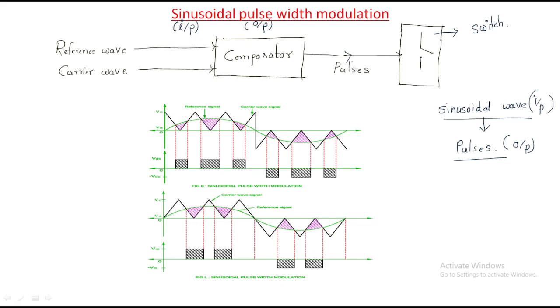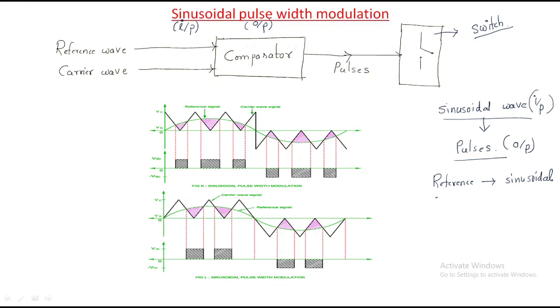By giving the number of pulses, the switches will operate. Right. Here, what is the reference wave? The reference wave is our sinusoidal wave. And the carrier wave means we have to use a wave to generate the pulses.